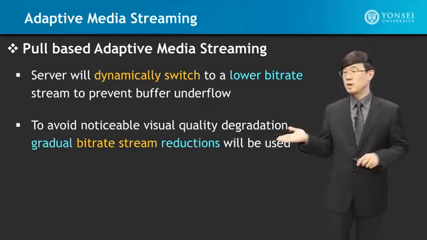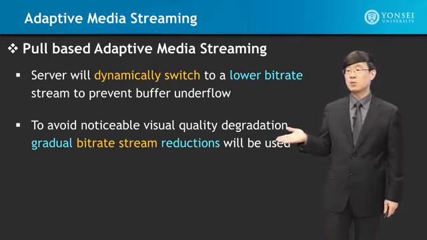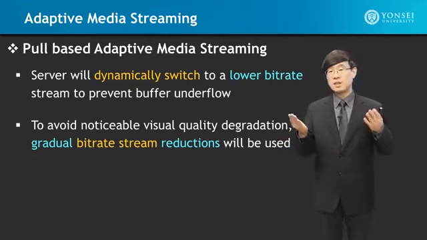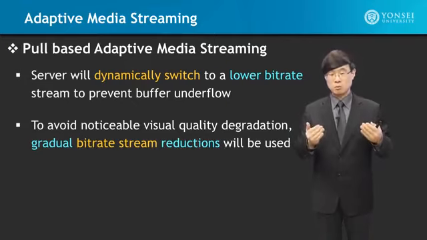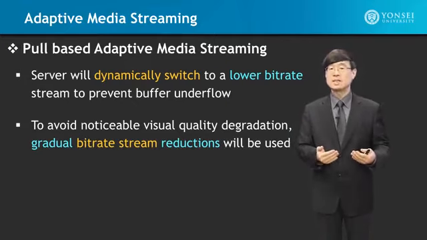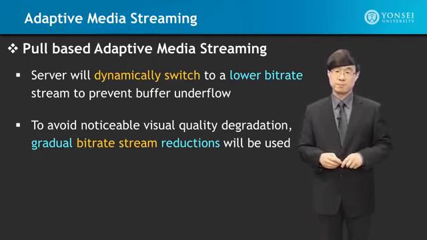To avoid noticeable video quality degradation, gradual bitrate stream reductions are used, meaning that if you see the network conditions are degrading, they're getting poorer, then you gradually reduce the video quality, such that lesser packets, a lesser throughput is needed.